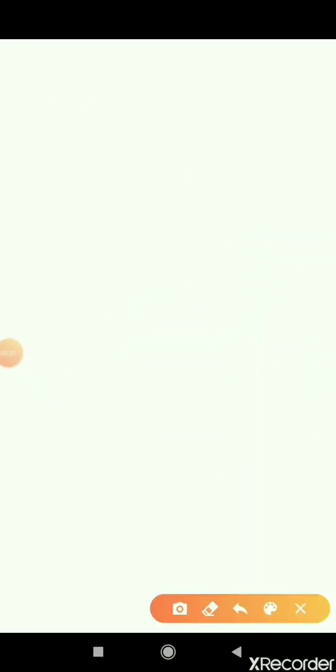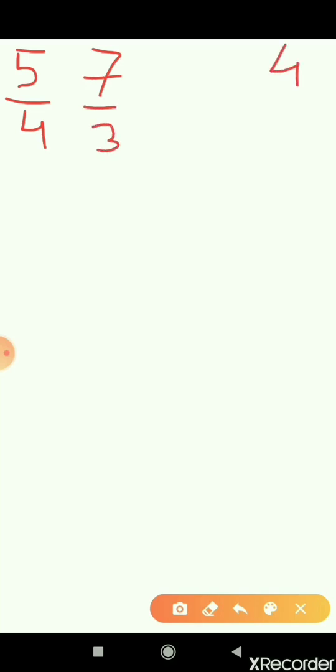Take another example, 5 upon 4 and 7 upon 3. Now we have to find 4 rational numbers between these two rational numbers. Again same condition, both the rational numbers don't have the same denominators. We will convert the denominators.